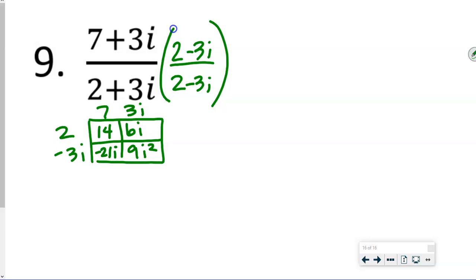It's a minus, right, y'all? Okay. Hopefully you see some like terms here again, right here, right? So that's going to get me 14. 9 is 21 plus 6 is -15i. Then we've got this -9i squared.